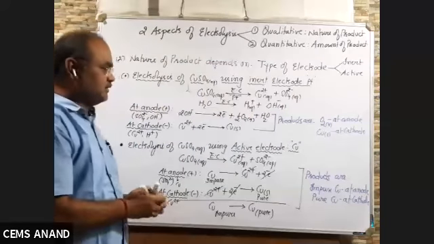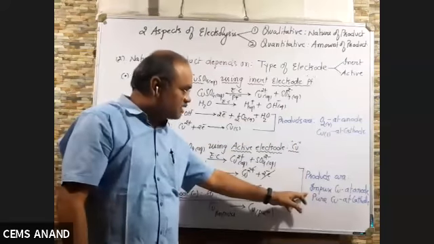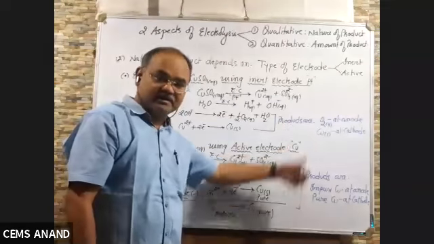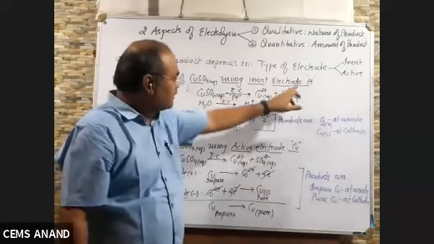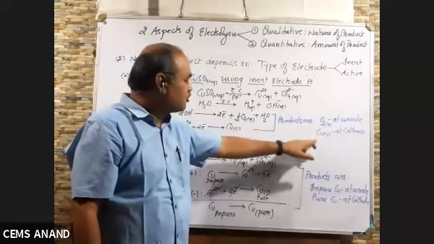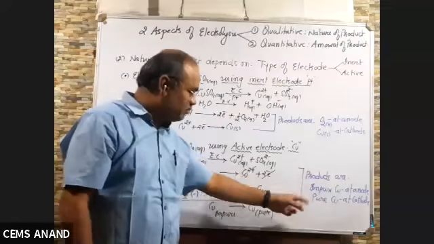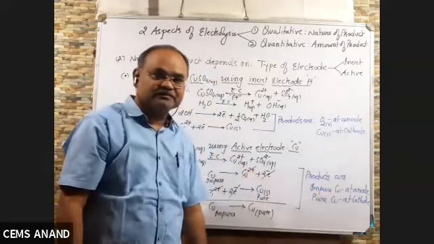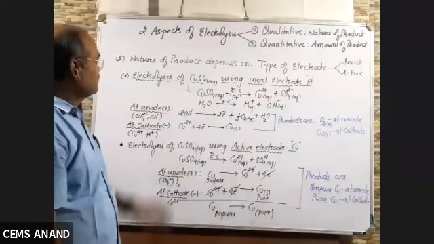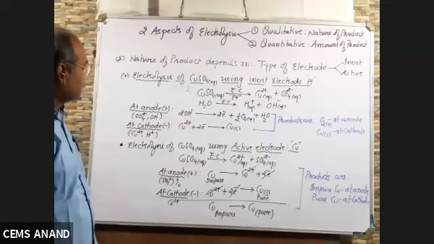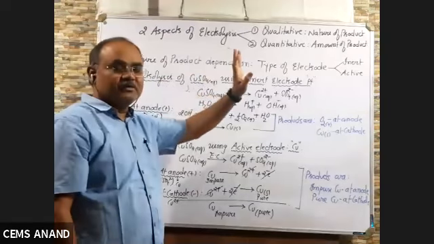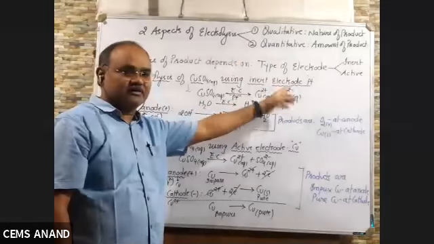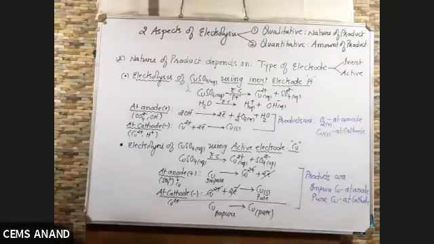So you can see that the nature of the product obtained during electrolysis is different when we take different electrodes. If we take an inert electrode, it is O2 and copper. If we take an active copper electrode, then the products are copper itself at anode and copper itself at cathode. So these are the two factors on which the nature of product obtained during electrolysis depends. One is the nature of the material, second is the type of electrode. So these are the examples.